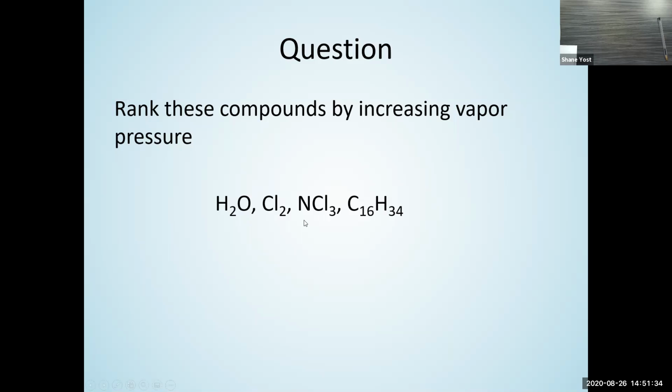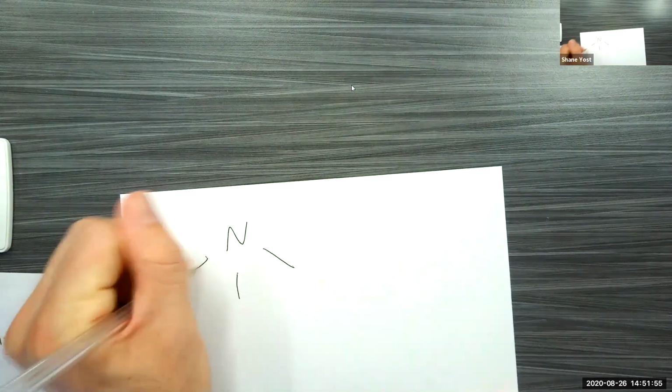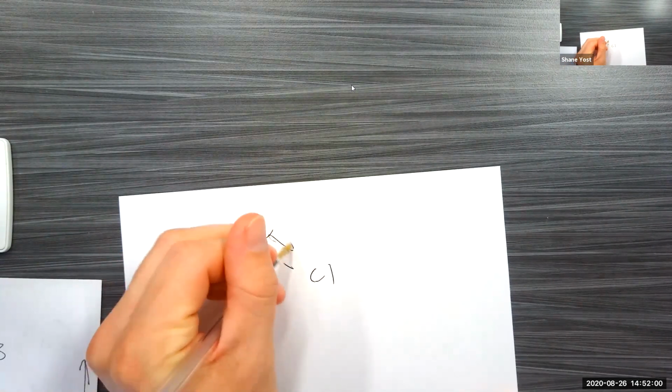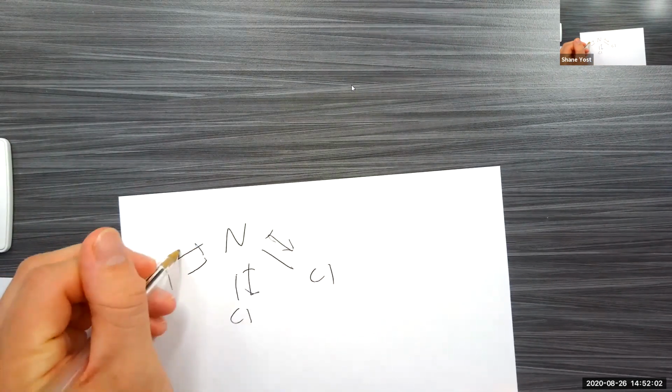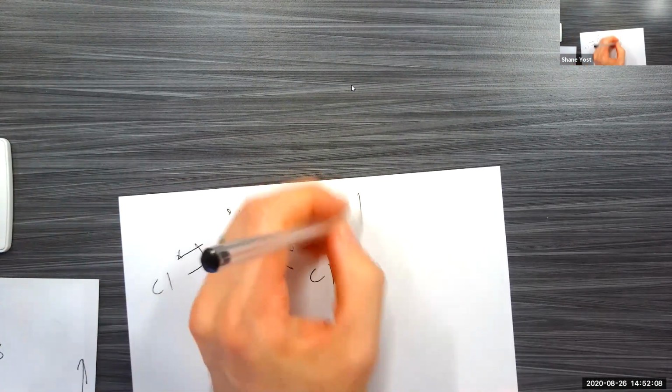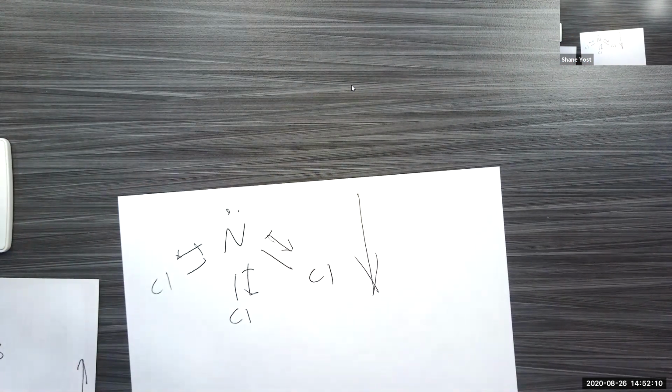Dipole-dipole, because the nitrogen-chlorine bond is polar, and it's not symmetrical if you draw out this molecule. You'd have these polar bonds all pointed away from the nitrogen, with a net dipole moment pointing down, if you will.